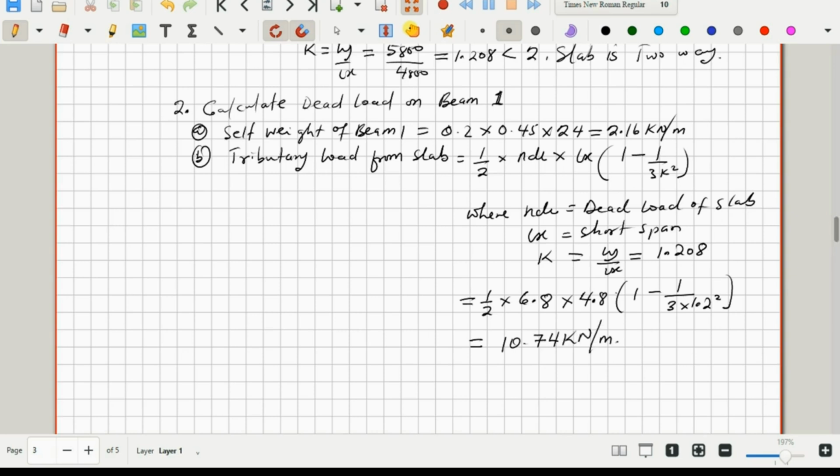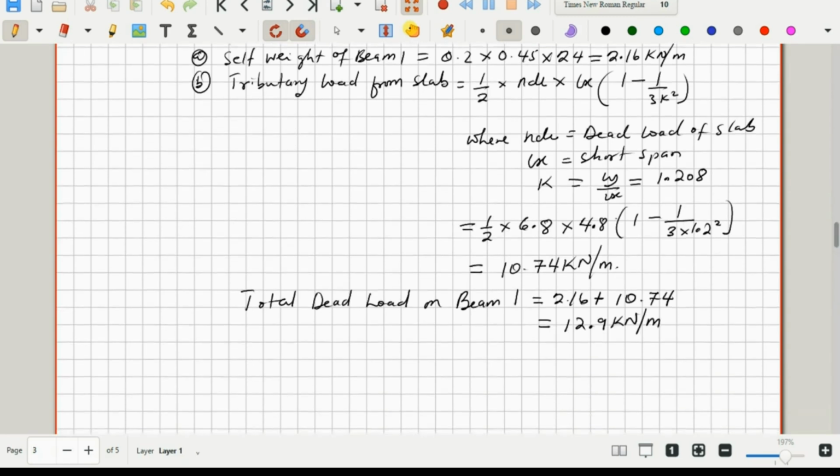Right, so that is the dead load from the slab. So our total dead load on beam 1 will be the summation of our self weight and then the tributary load from the slab. So the self weight, we had a value of 2.16 plus 10.74, and that will give us 12.9 kilonewton per meter. So that is the dead load on the beam.